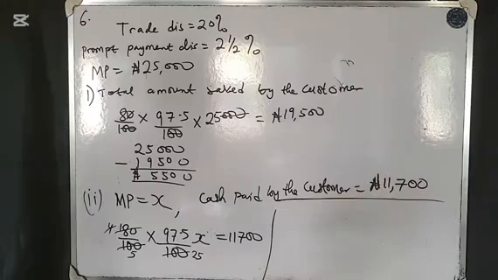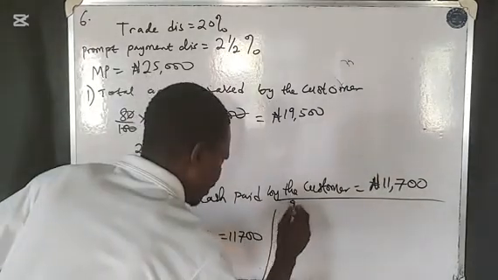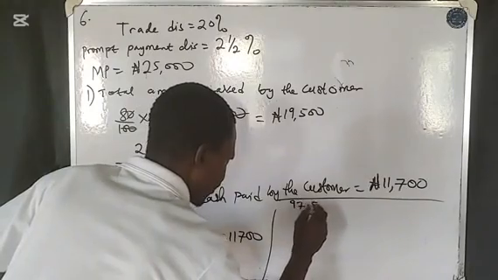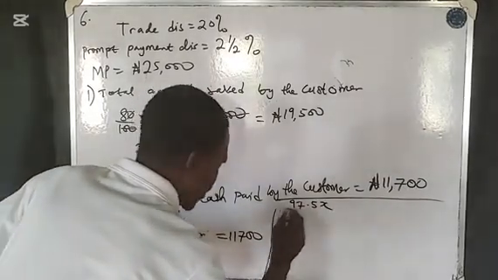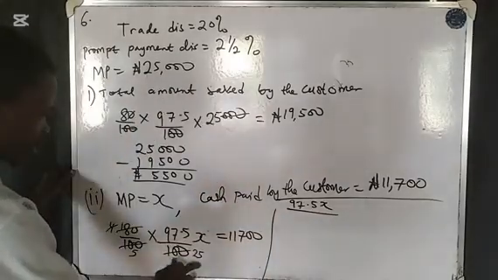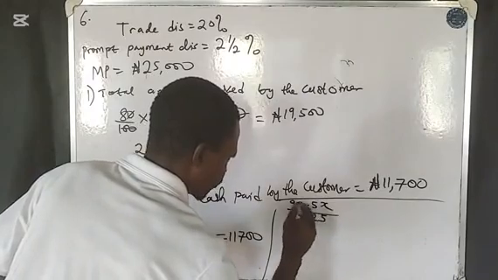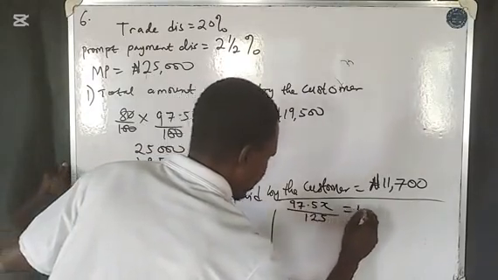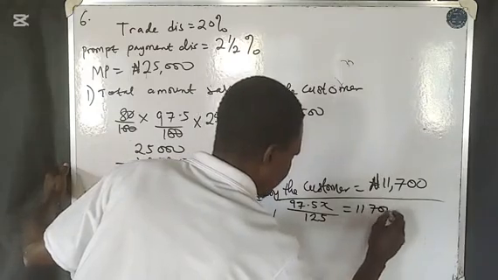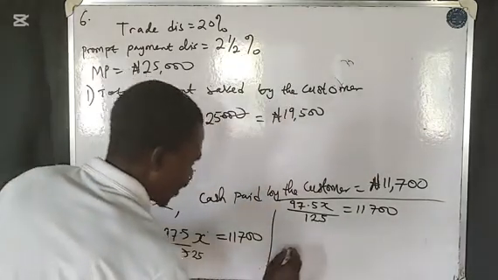25, right? So for the top, we are left with 97.5x. For the down, we are left with 5 times 25. That is 125 equals 11,700. So we cross multiply, right?